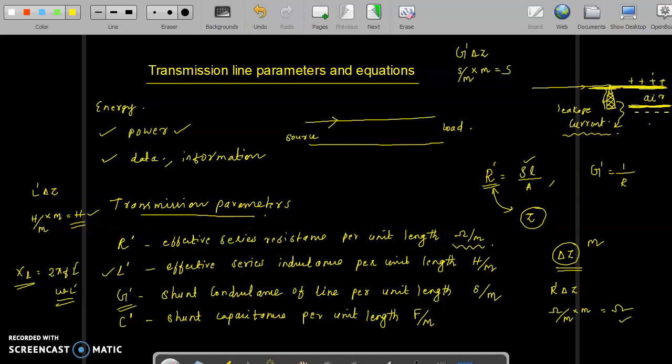So because of the long transmission network, some kind of capacitance will come into the picture. This transmission line we can consider as a positive charged plate, and the ground surface we can consider as a negative charged plate, and in between the positive and negative there is an insulated medium, air.